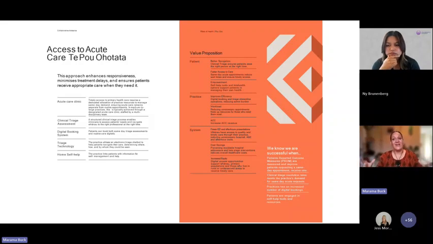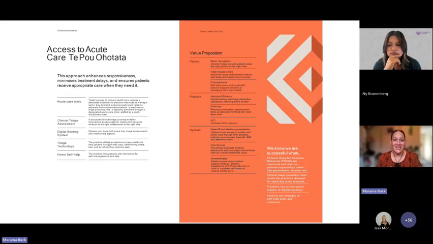So we are developing a variety of resources and tools and gaining examples from people across the motu who are working in collaboration with other practices to deliver acute care clinics. So we think that's a really exciting part of this model of care.